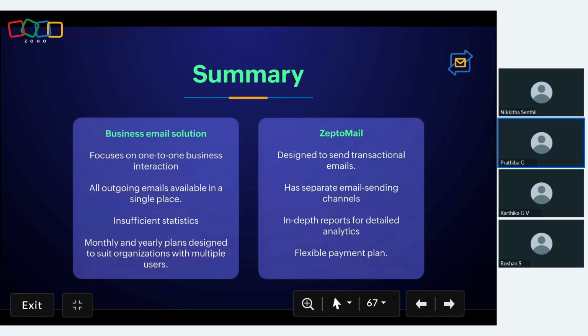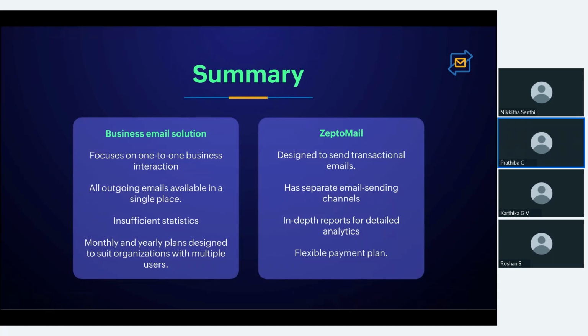So a business email solution primarily focuses on one-to-one business correspondence, while ZeptoMail is designed specifically to send out transaction emails. So business email solutions do not have any provision to separate and view the outgoing emails. And ZeptoMail has the provision to separate the emails sent out using the email sending channels.